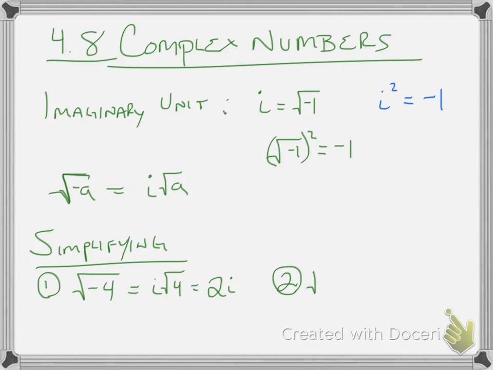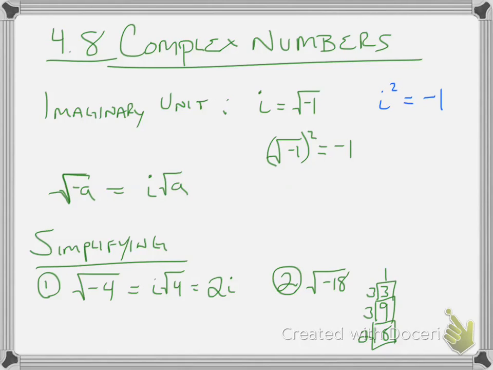Another example, if I have the square root of -18. Because it's a negative, I'm going to have an i on the outside of the radical. 18 isn't a perfect square, so I do need to simplify that. You can do the birthday cake, the factor tree, or use your perfect squares. I'm going to do the birthday cake. Divide by 2, and that's 9. Divide by 3, and 3.